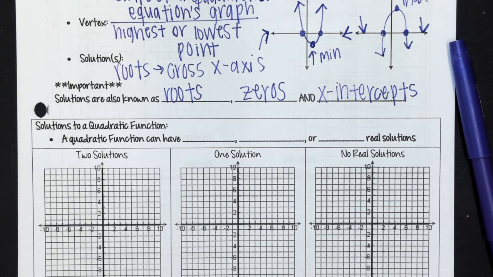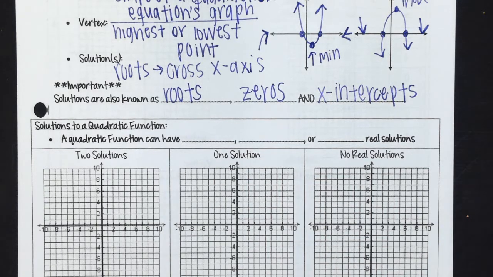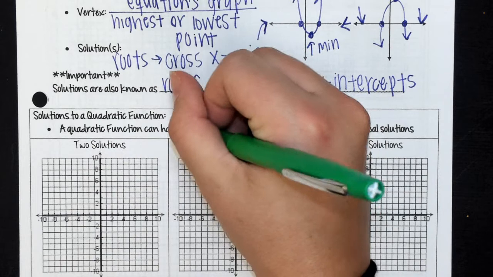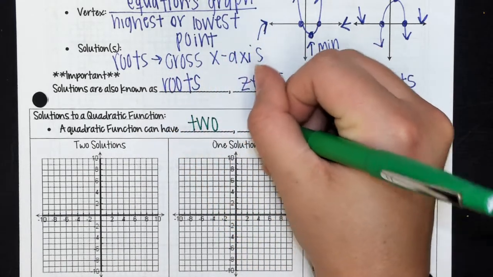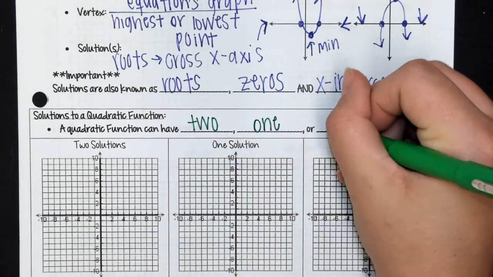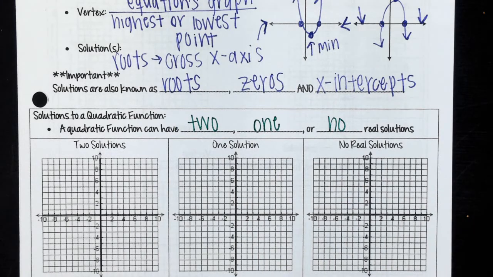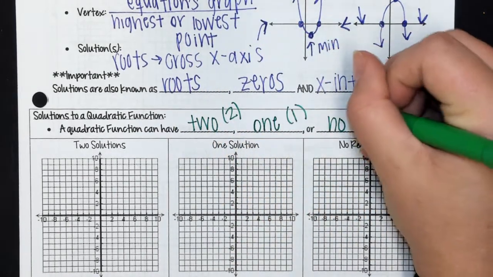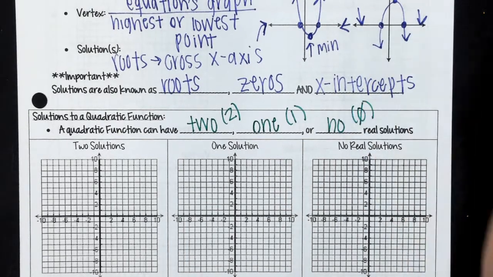Nothing new. Okay, solutions to a quadratic function can be 2, 1, or no solutions. So we can either have 2 solutions, 1 solution, or nada solutions.